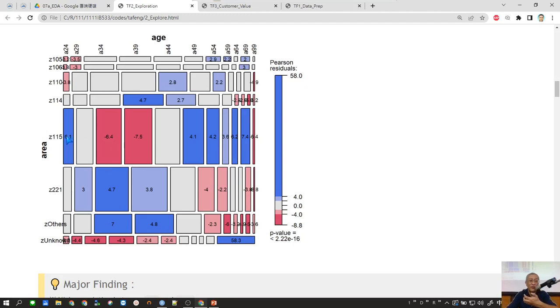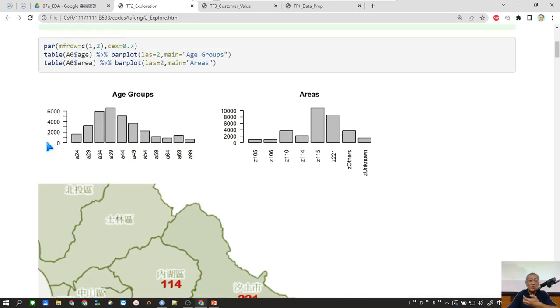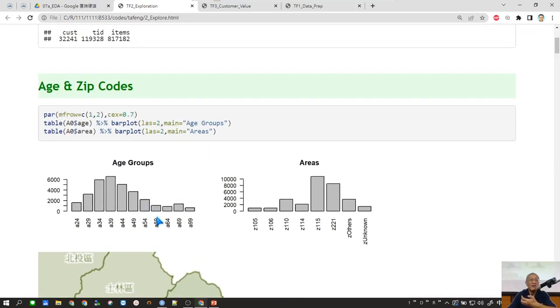Because we are comparing the age distribution of Z115 with this one. The A39 and A44, in general, if we do not consider area, are already larger. So this is the base of comparison.